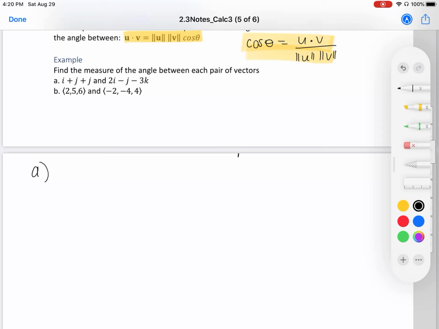So we have a vector 1, 1, 1, and 2, -1, -3. All right, so let's go ahead and work this out. I want to find the angle between them, so let's follow our formula. Cosine theta is equal to the dot product of u and v divided by the magnitudes of those same vectors.